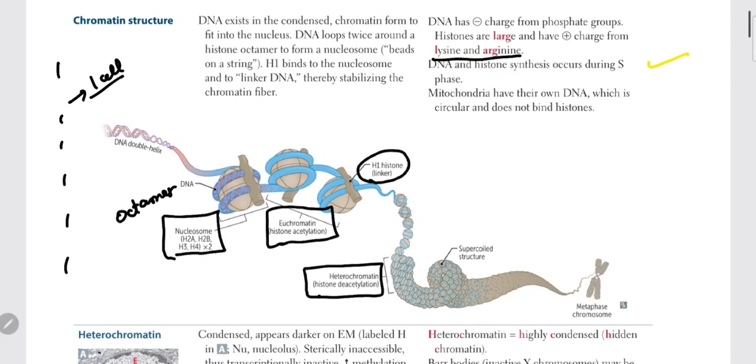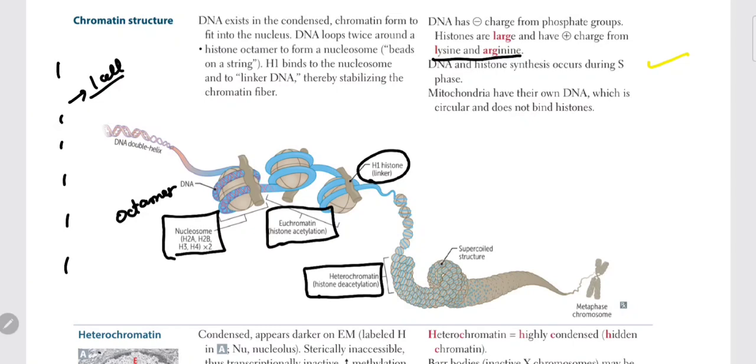Just to cover this whole part of chromatin structure, we need to remember that DNA is very large. It needs to be condensed, and the nucleosome helps it to stay condensed. The nucleosome consists of the histone proteins H2A, H2B, H3 and H4, and there is the H1 linker DNA. This allows the DNA to stay in a condensed format.